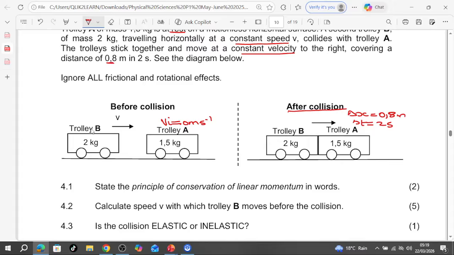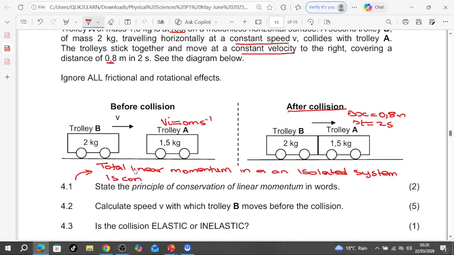For 4.1, it says that the total linear momentum in an isolated system is conserved.